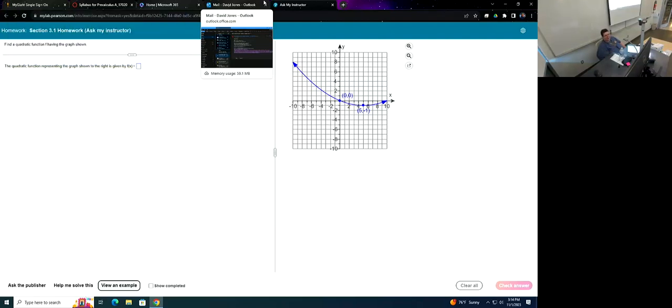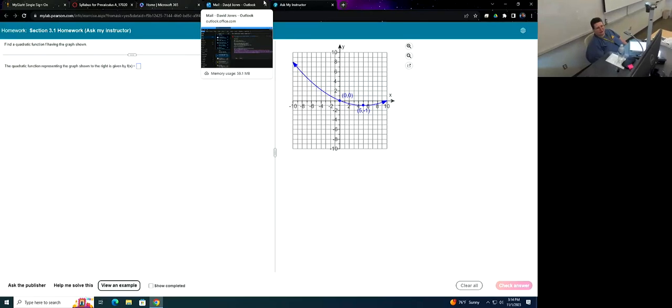This says find a quadratic function f having the graph shown. I'm just writing down what the question says real quick and I'll transfer over to the camera.